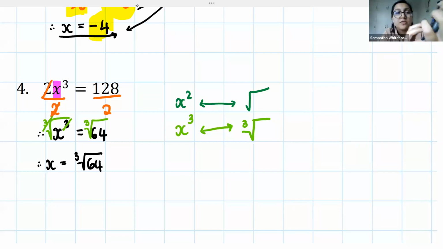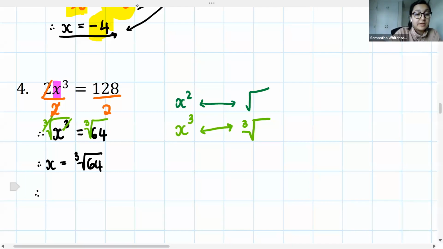Shift, cube root, there we go. And you get a cube root. Now all you need to do is type in 64 onto your calculator, and it gives you your answer of 4. Some of you might just know what the cube root of 64 is off by heart, which is also absolutely fine. Either way, we get an x value of 4.